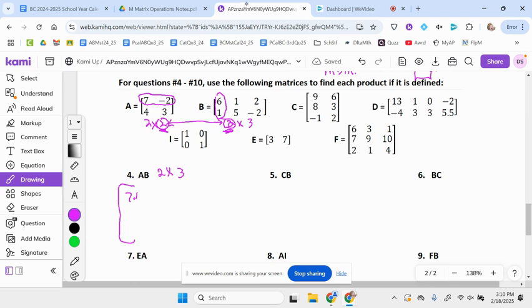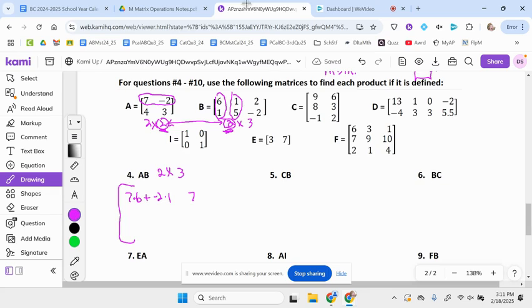You take the first number times the first number plus the second number times the second number. And then this number goes in the first row, first column. And then you move along and you take the first row and multiply it by the second column.